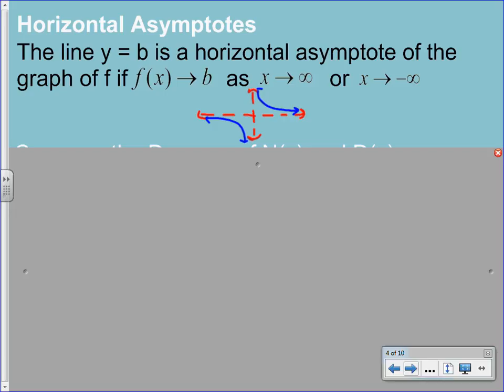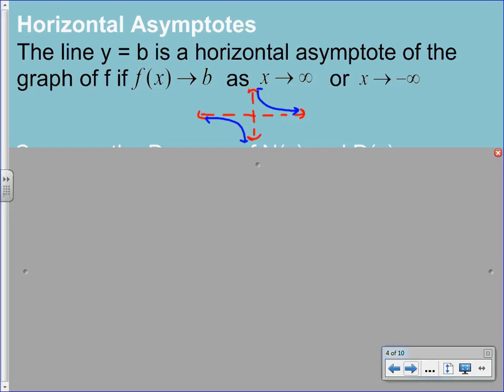It is okay if our graph crosses the horizontal asymptote more in the middle of our graph, as long as towards the infinities we approach the line. We are going to get some graphs that cross the horizontal asymptote, and that is allowed, because the definition of a horizontal asymptote is that towards the infinities we approach it. It's okay to cross it in the middle.